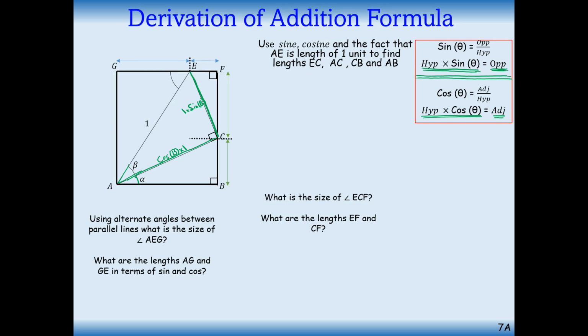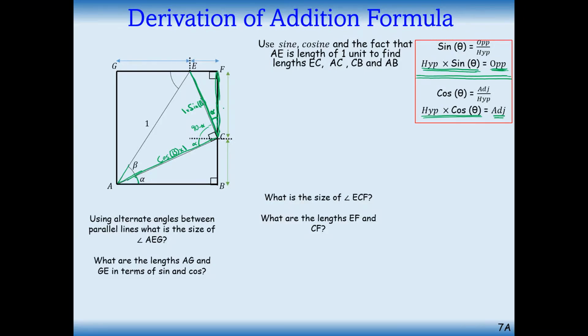Now this angle here leaves this angle to be 90 minus alpha, and that means that angle ECF is also alpha degrees, because we're dealing with a rectangle here. Therefore, the side is adjacent in the triangle with angle alpha.